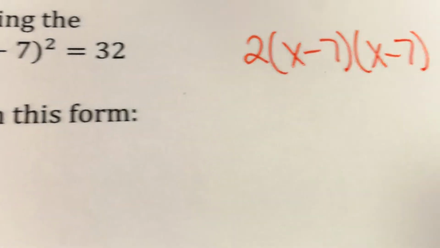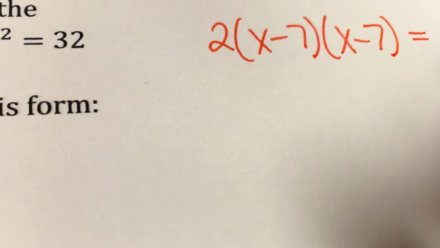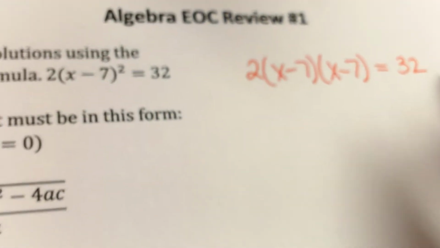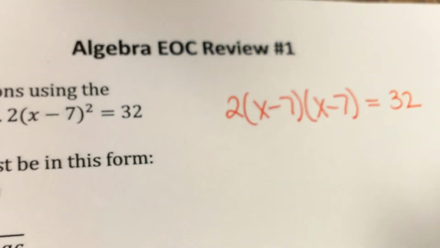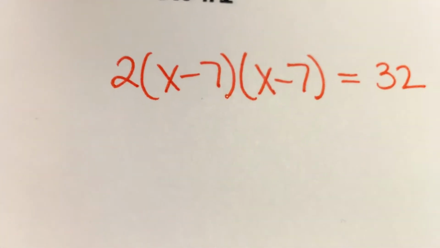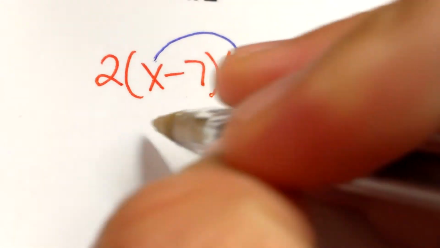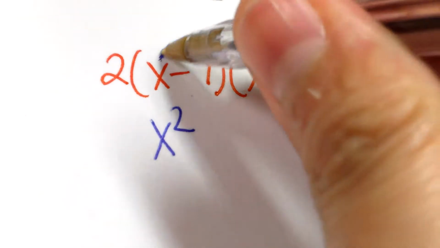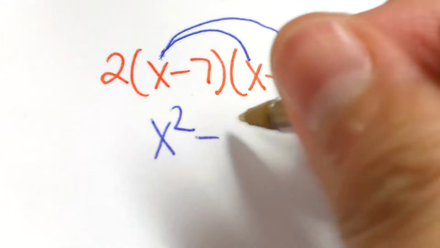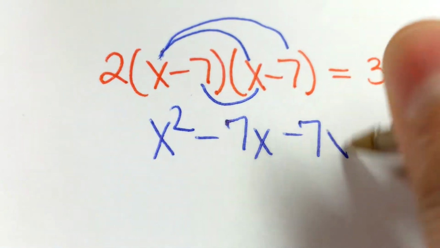(x minus 7). The reason I'm writing it twice is because it's squared, equals 32. Okay, so then from here, we're going to do FOIL. So we do x times x, that's x squared. X times negative 7, that's negative 7x. Negative 7 times x, negative 7x.